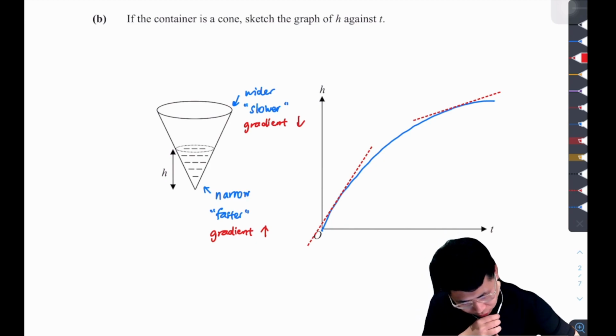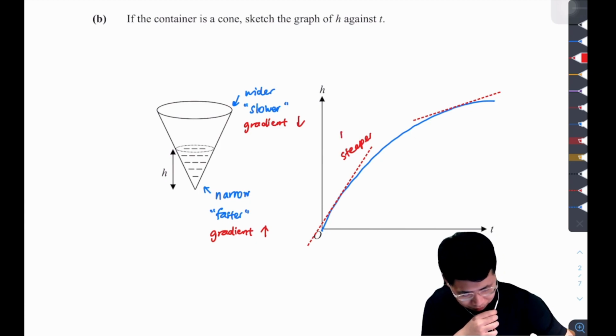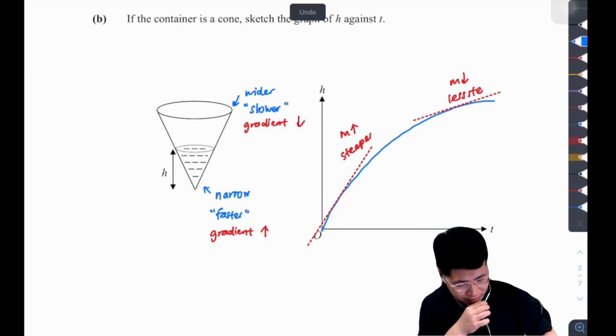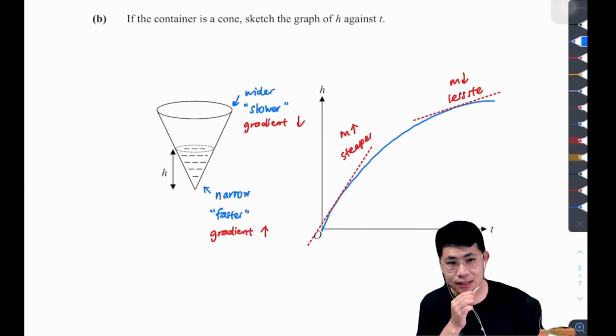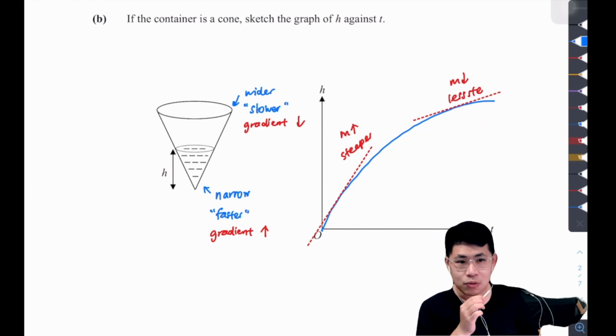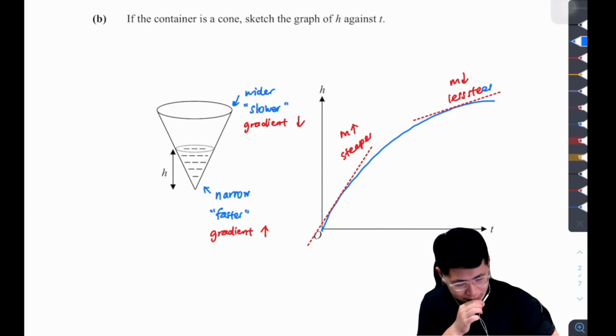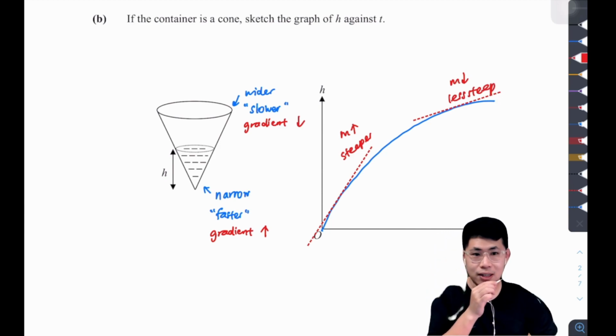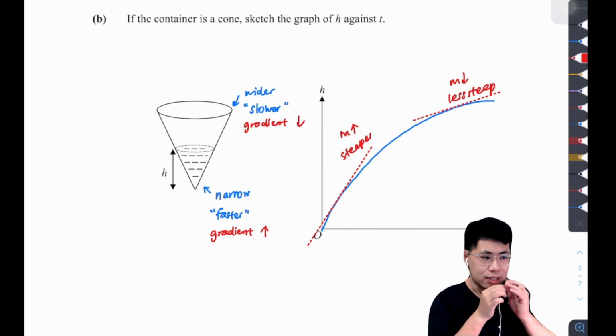Over here, the tangent is going to be steeper because it has a higher gradient, and over here, the gradient is lower, so it's going to be less steep. Because of this, the graph will look like this. So this is what we mean by the depth graph.